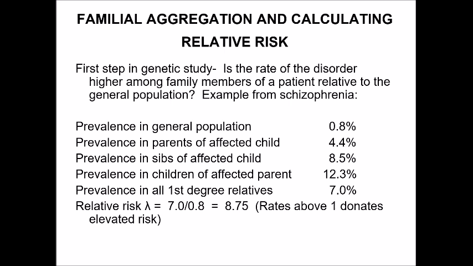If we combine the risk in all the first degree relatives, that comes to about 7%. Now we divide 7 by 0.8 and we get the relative risk, or lambda, which is 8.75. Any rate above 1 indicates an elevated familial risk.